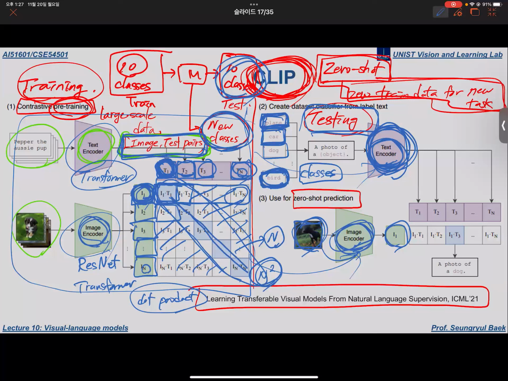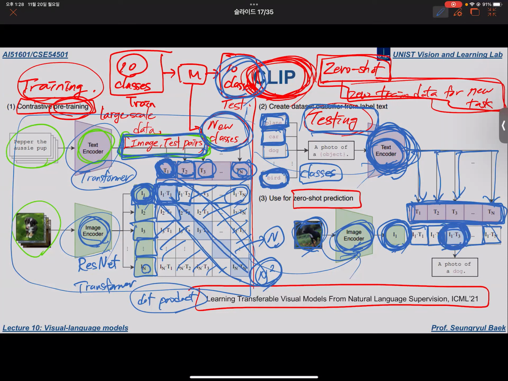Anyway, we input some word to the text encoder and get a text feature here. Then we can compare these text features with the image feature and measure their similarity via this dot product, and we choose the best one.